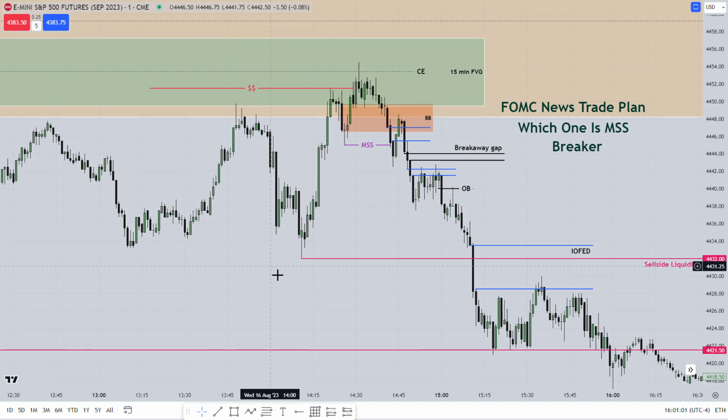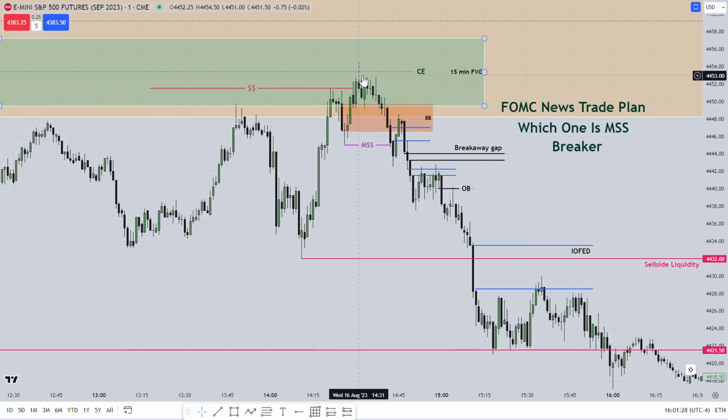And this is 2 p.m. This specific candle is the 2 p.m. candle. The FOMC was at 2 p.m. So market came down, consolidated, took the liquidity, then went up. It has gone this far, then came down a little bit, and went up again.